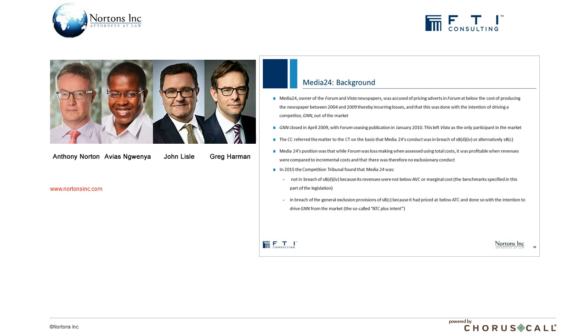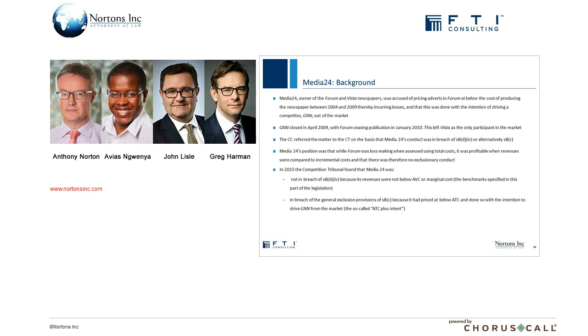Media 24, over the relevant period in the mid-2000s, operated two newspapers in the Welkom area, Forum and Vista. And GNN's allegation and complaint to the Competition Commission was that Media 24 had deliberately reduced the prices it charged for advertising, which in local newspapers is the key source of income, because many of these papers are distributed for free, to a point where it was charging below cost, and that this was being done with the deliberate intent of driving GNN out.